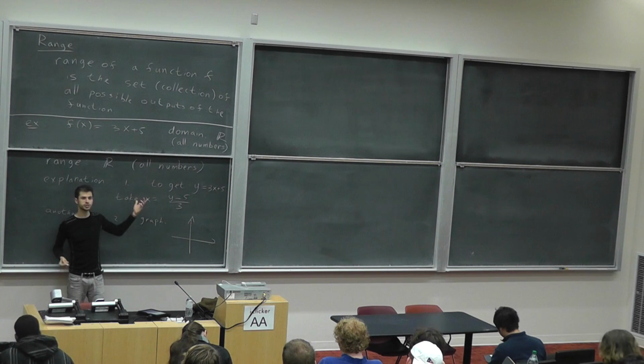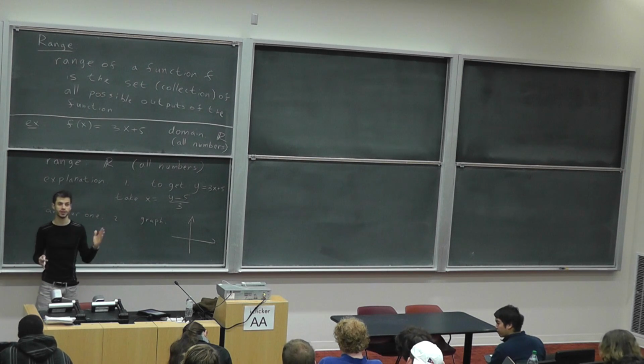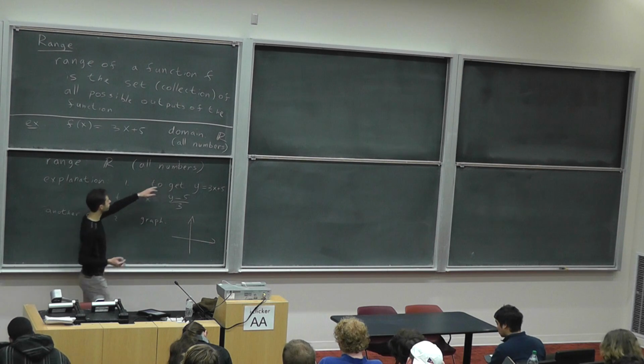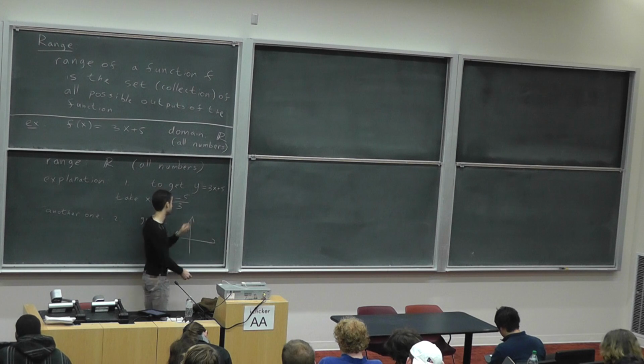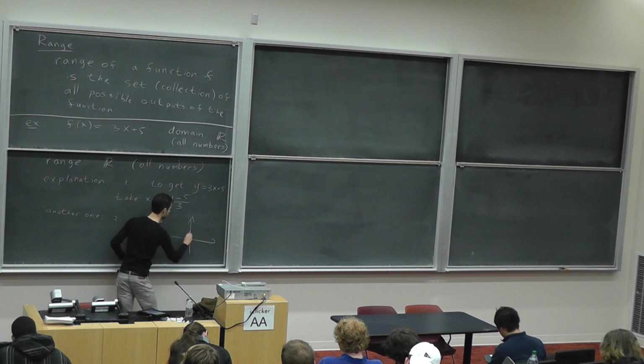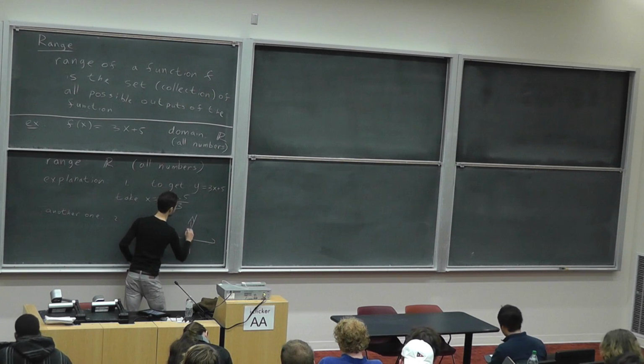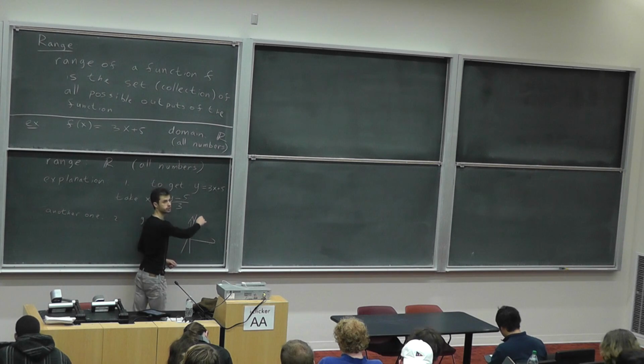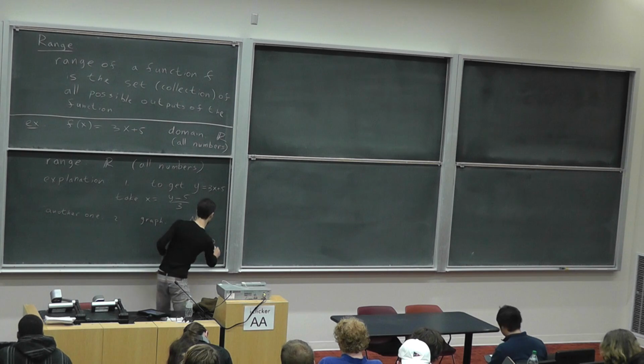Well, it's a linear function. We know what a graph looks like. It's a line, with slope 3, y-intercept 5. So it's such a line. This will be 5. If you make one step to the right, you'll make 3 steps up.